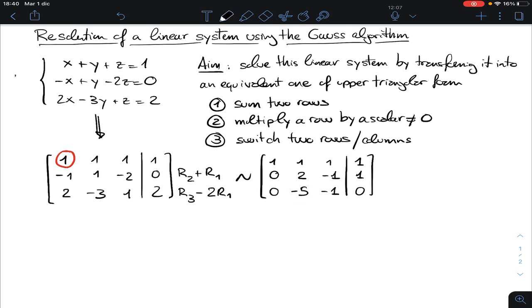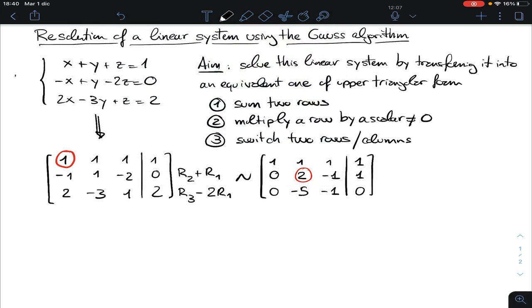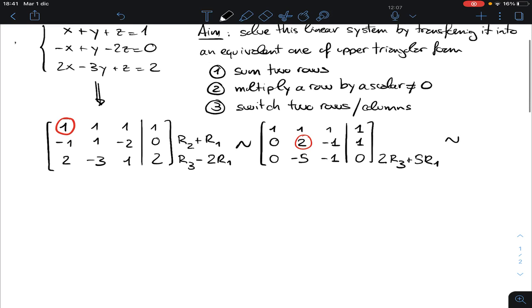So now what we do is use the 2 here in order to erase the minus 5 which lies below it. In particular, we may multiply the last row by 2, and add to it 5 times the second row. What we get in this way is a matrix which is as follows.